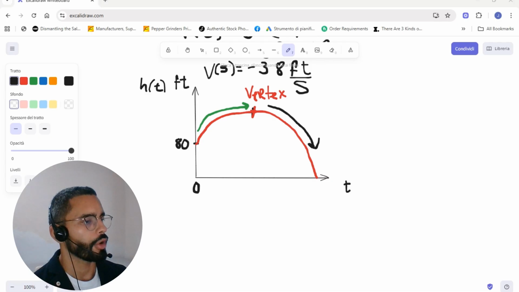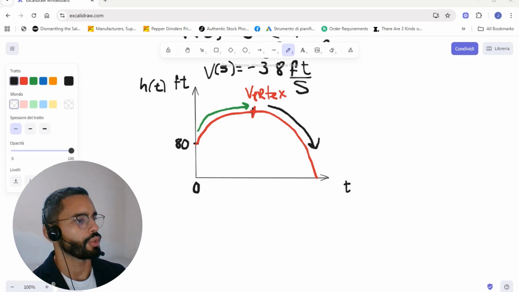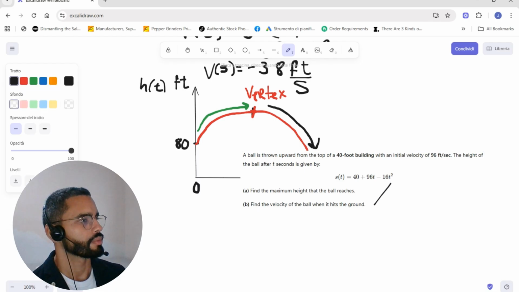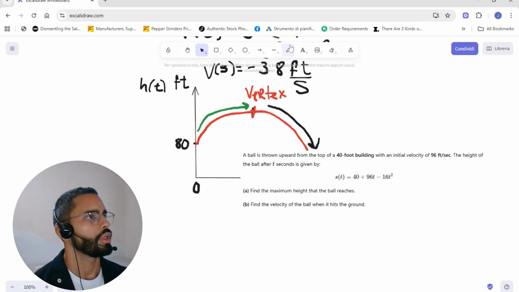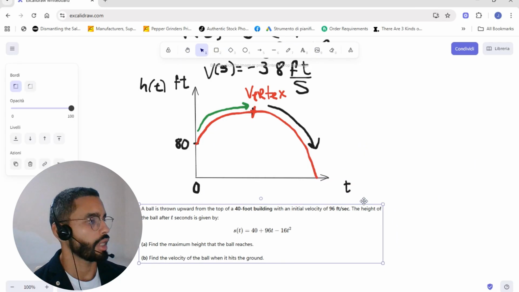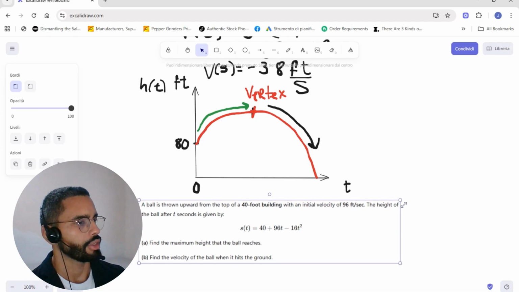Now for the next session, I do have some homework for you. It's a word problem. You will give it a try, and you can text me if you have any questions, of course.